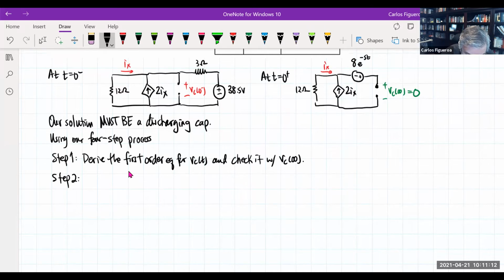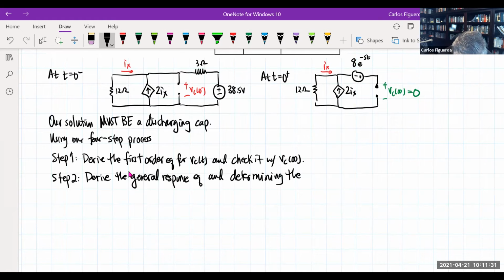Step 2, what we want to do is derive the general response equation and determine the forcing constants. And remember, there could be 3 of them, there could be 1 of them.